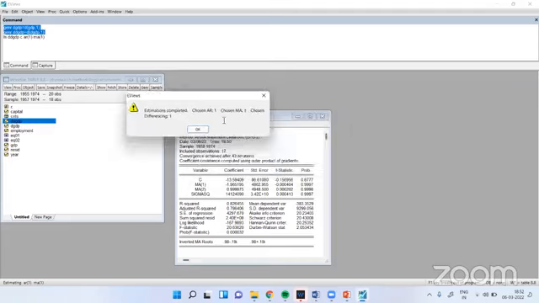Chosen AR1, MA1, again differencing 1. So again it has made a mistake. It is possible that you will have to do trial and error. So you will have to try all the combinations in the automatic mode and the manual mode. There is no guarantee that whatever result you get from the automatic mode is optimum.